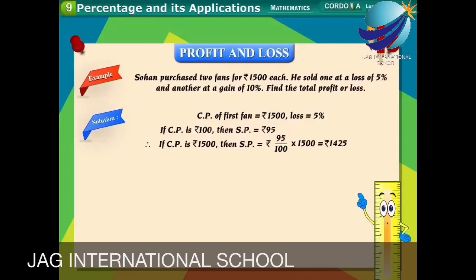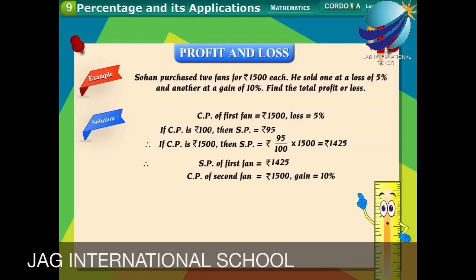Therefore, if CP is equal to rupees 1,500, then SP is equal to rupees 95 divided by 100 multiplied by 1,500 is equal to rupees 1,425. Therefore, SP of first fan is equal to rupees 1,425.